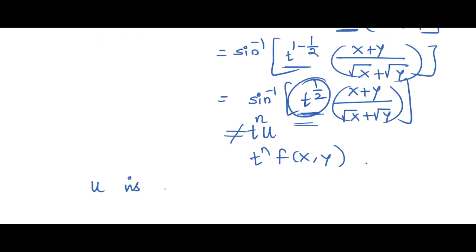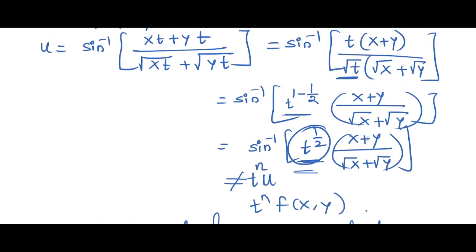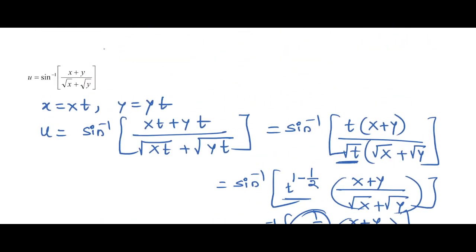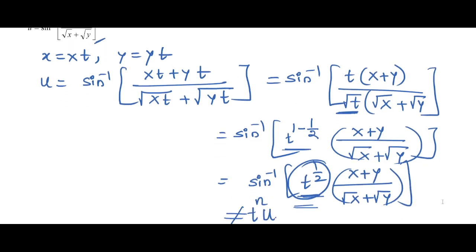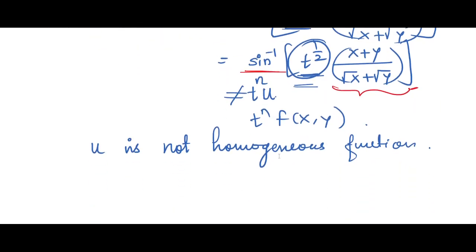So here u is not a homogeneous function, but it is a function of a homogeneous expression, because this expression which we have given, (x plus y) upon (root x plus root y), which is earlier in small letters, now the same expression here we are getting in capital letters. So this expression is homogeneous, but this u, which is sine inverse of the expression, is not homogeneous.